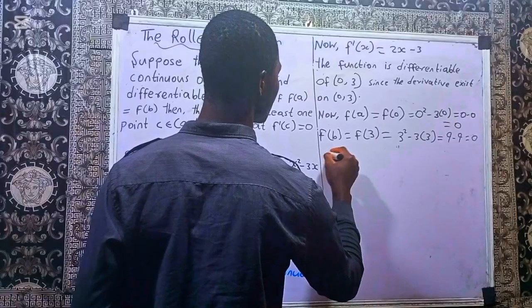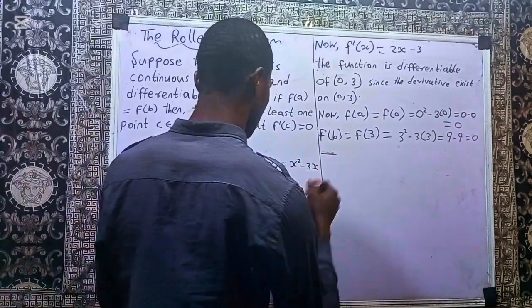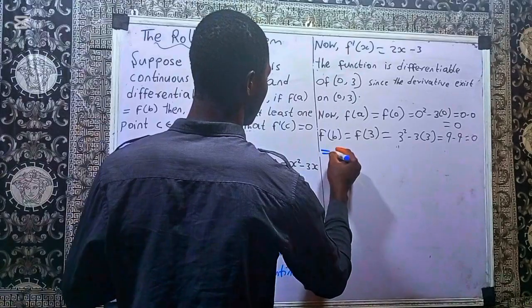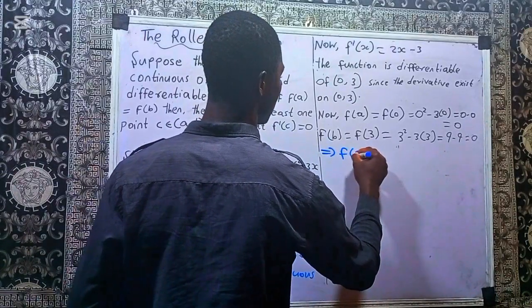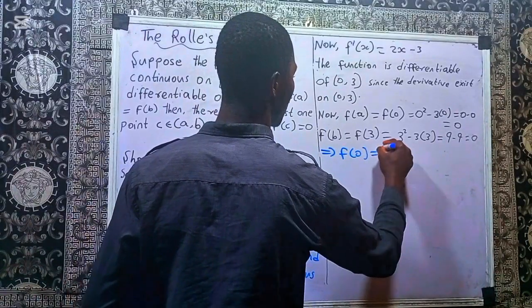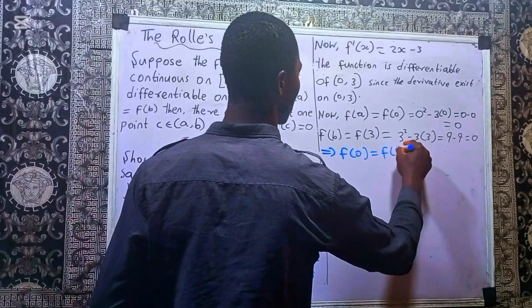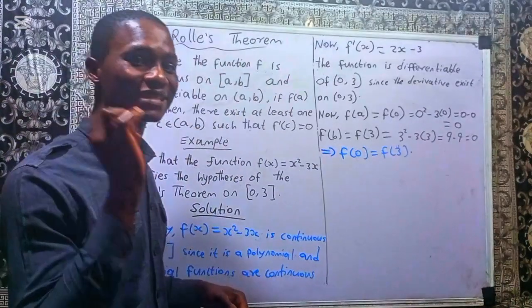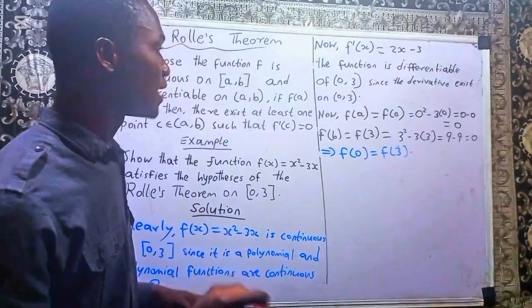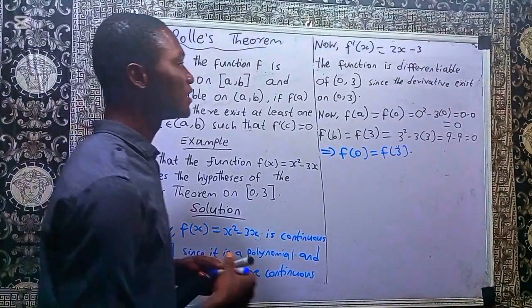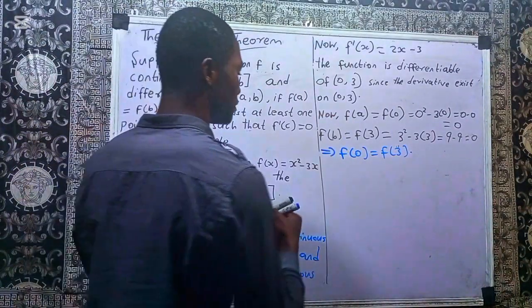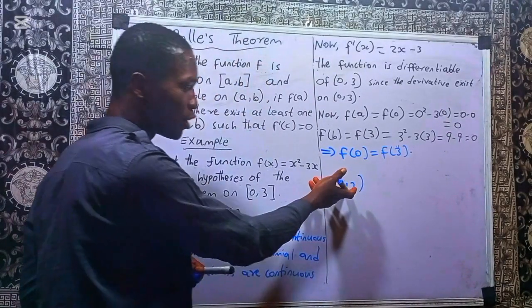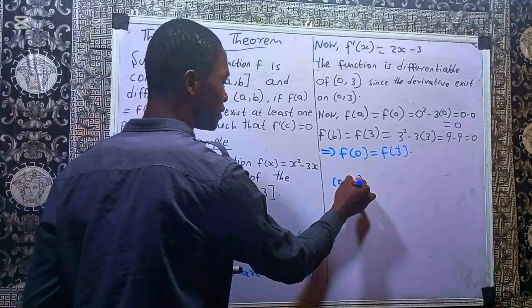So this implies, let's make the comment here, this implies that f at 0 is equal to f at what? 3. So we want to get that point c that will be inside the open interval 0, 3. I need that point between 0 and 3.